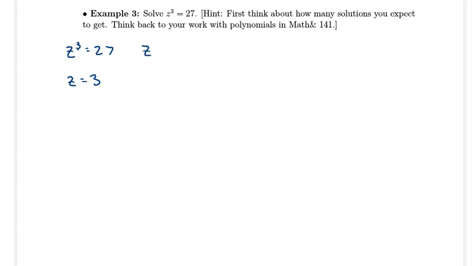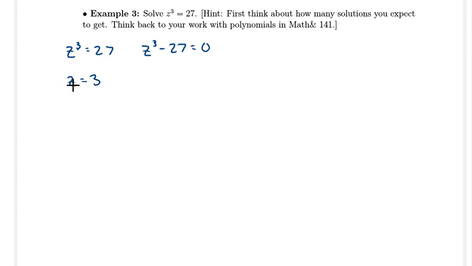So to put it more like it would look in Math 141, z cubed minus 27 is the polynomial, and we want to know when that is equal to 0. Well, the fact that the highest power is 3 tells me there are actually 3 solutions. Some of those solutions might be complex solutions, they weren't all real, but there were always going to be 3.